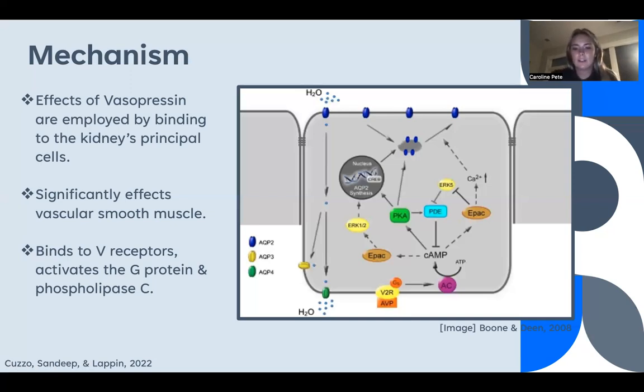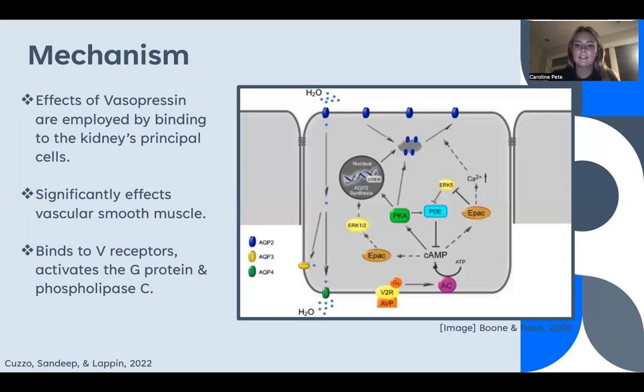Vasopressin also has a large effect on vascular smooth muscle. In this case, vasopressin binds to the V receptors on the vascular smooth muscle, activating the G protein, which then activates phospholipase C, resulting in the production of inositol triphosphate and diacylglycerol.